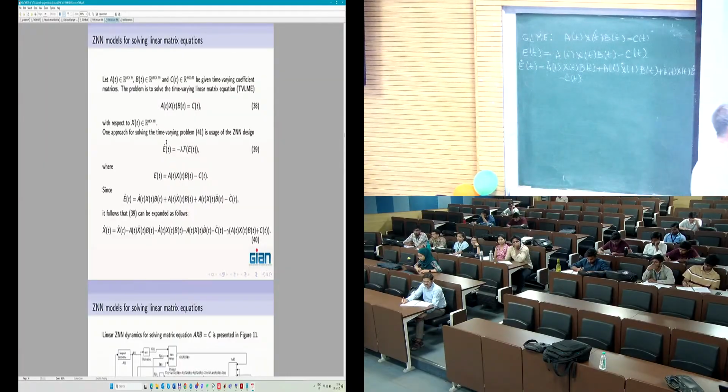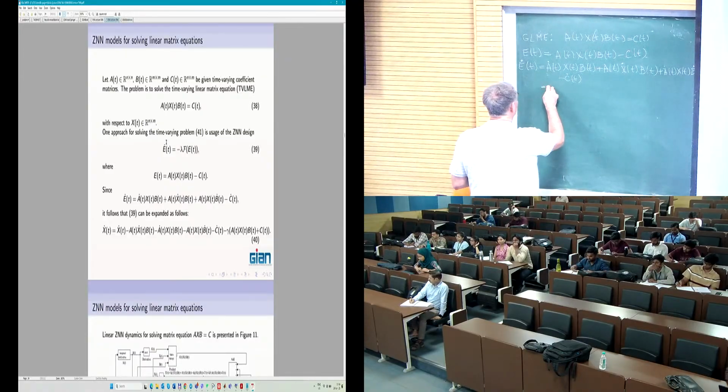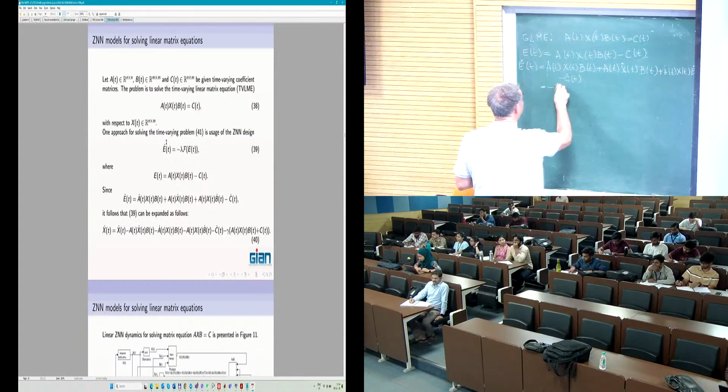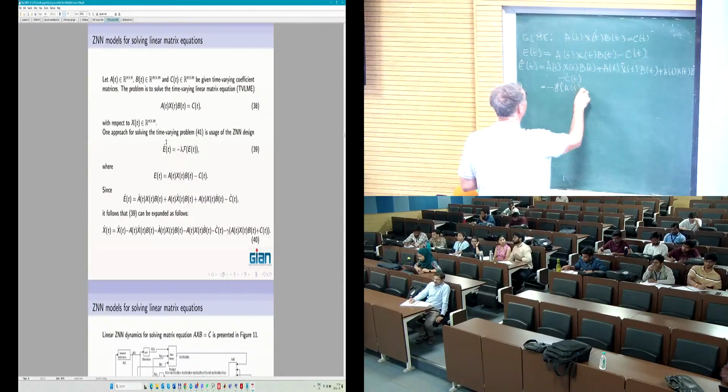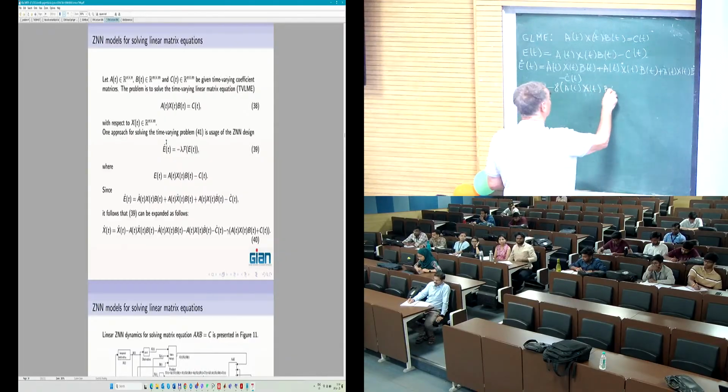And according to the general ZNN model, E dot of t is equal to minus gamma, possible nonlinear activation, and the error function. I can continue. It is equal to minus gamma of A of t X of t B of t minus C of t.